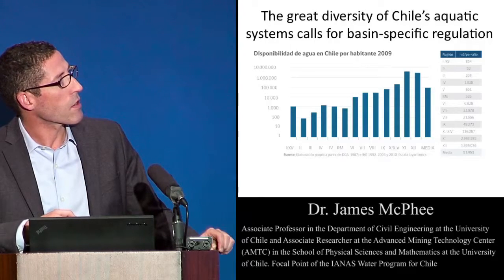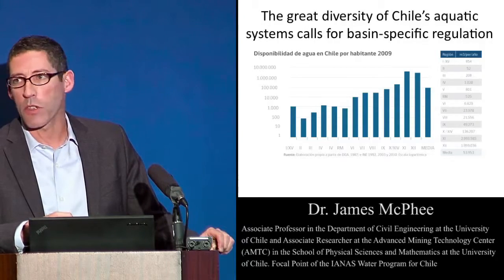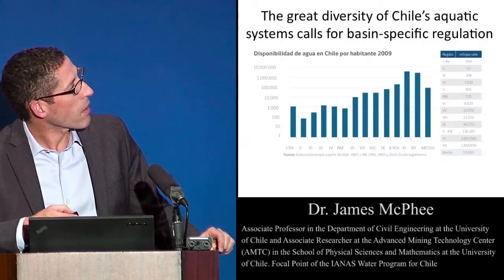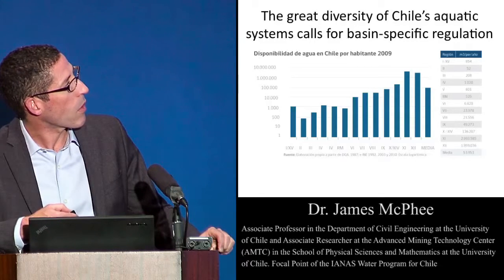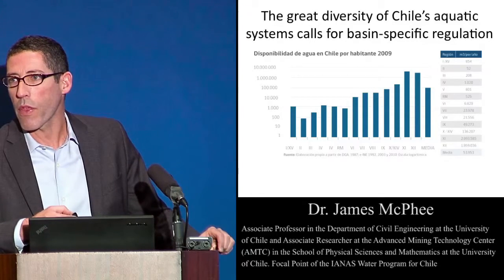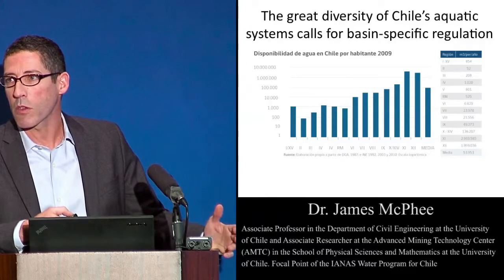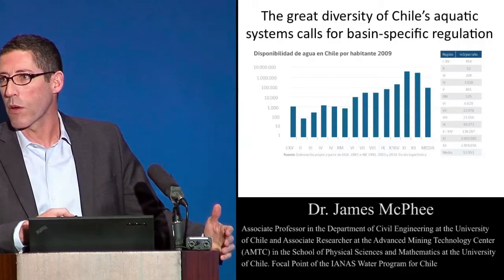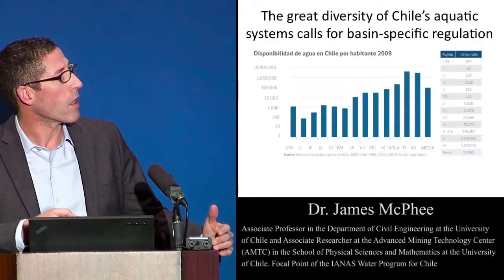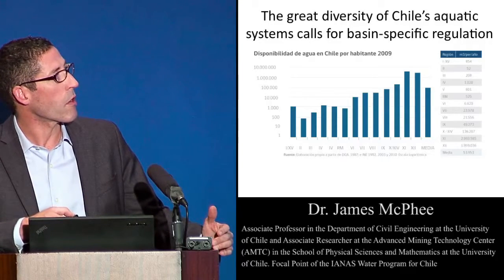So you can see there's an increasing availability to the south, and here this number is important because we have 1,000 here, and 1,000 cubic meters per person per year is an important limit because it establishes water stress when it comes to understanding human and water interactions.